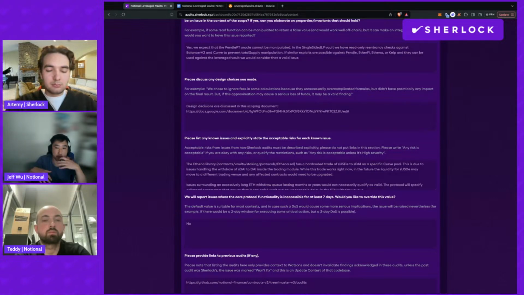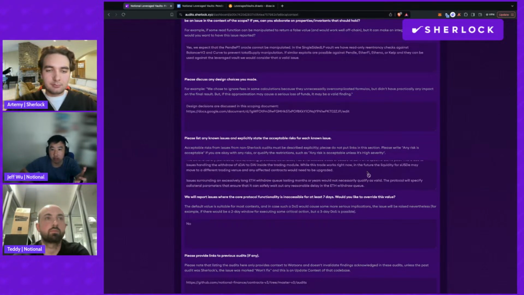So this is sort of a special case, hard coding of a pool like this. We typically don't do that. If in the future liquidity moves or shifts for these Ethena vaults, we would have to upgrade the contract and ensure that we are able to trade on the correct venue. So I just want to call that out.